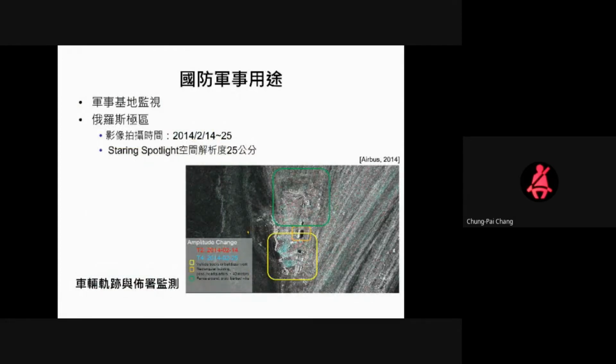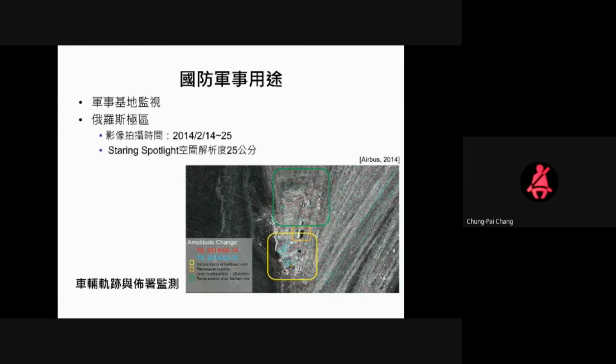And then also for areas covered by snow, for example the Russia area, you can use the radar image to see the different pattern. For example, this area is blue, light blue color. It's snow that has been compacted by vehicles.